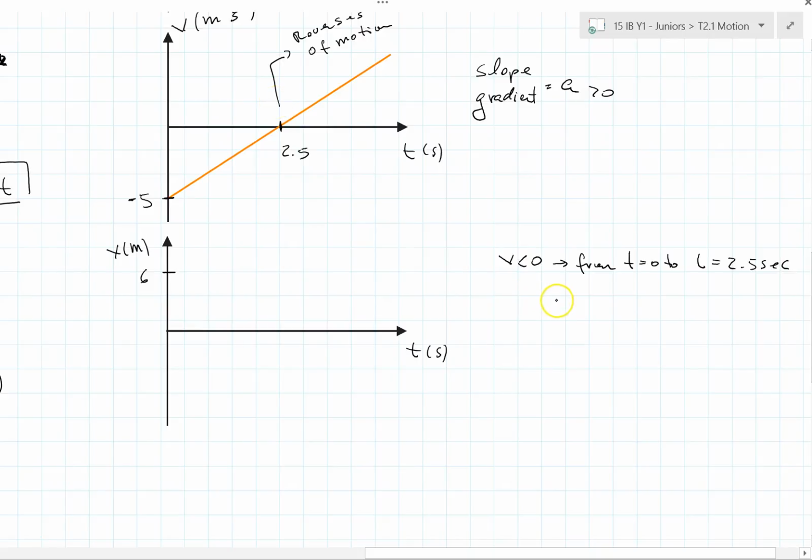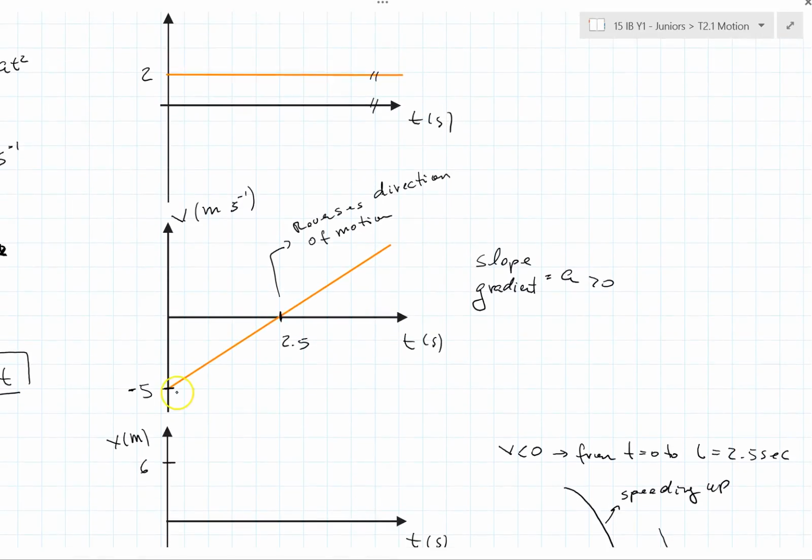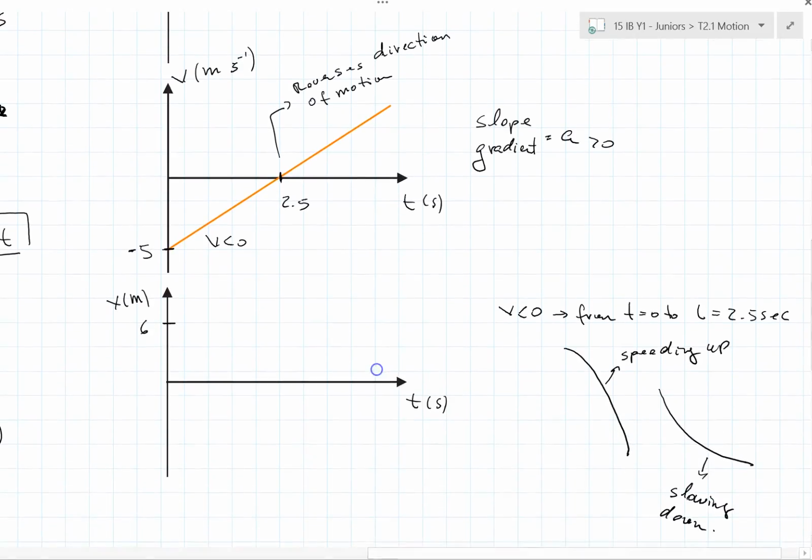If I do my position graph concave down, this means a speeding up graph. If I do it concave up, this is going to mean now a slowing down. And let's remember that from 0 to 2.5 seconds, we have negative velocity, but positive acceleration. That means it's slowing down. So my graph must be concave up. So basically, what I'm going to have is this here.